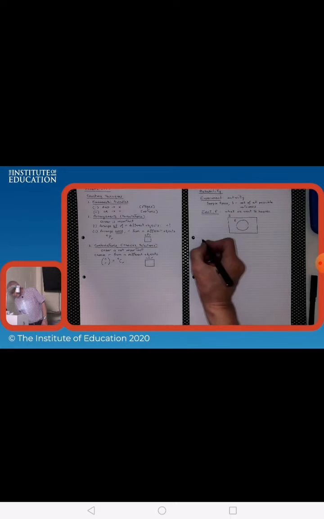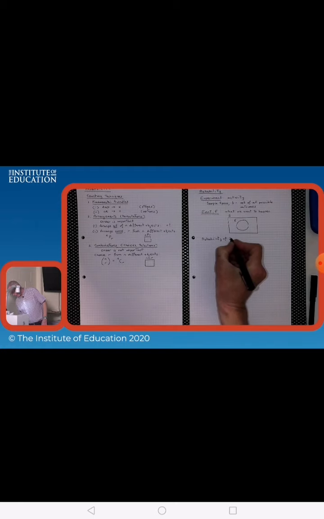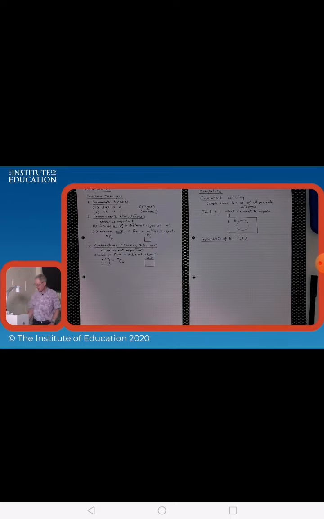The next thing that we talk about is the idea of the probability of E. The probability of an event E is written down as capital P, with E in brackets after it, like that. Now, what do we know about the probability of E?